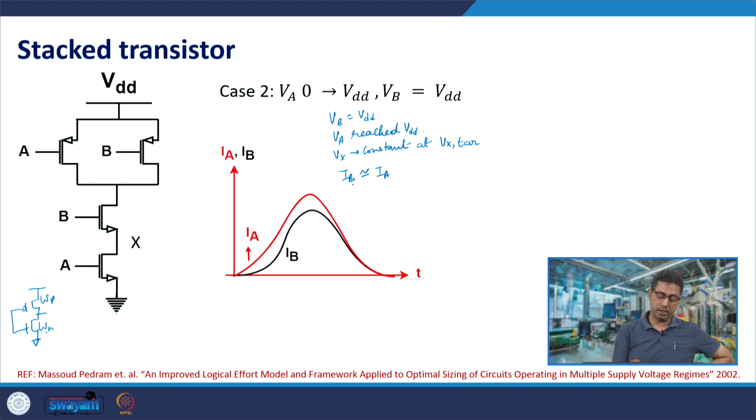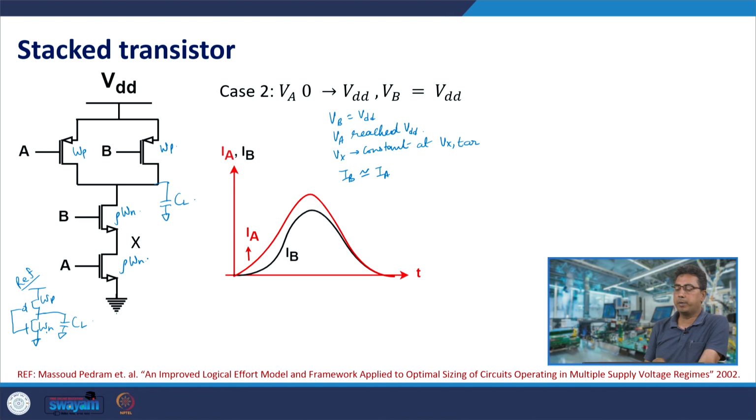Ib is the discharging current for output node CL, and the output capacitance is equal in the reference inverter and the NAND gate. Then Wp, as we had discussed, would have a value rho Wn, and we want to estimate that value of rho. First we would like to estimate the value of Vx star, where the currents are equal.